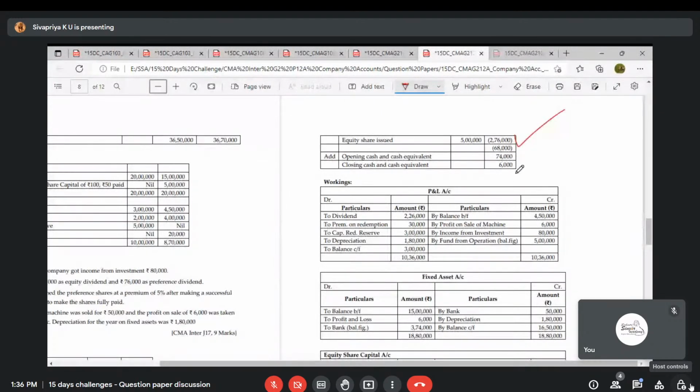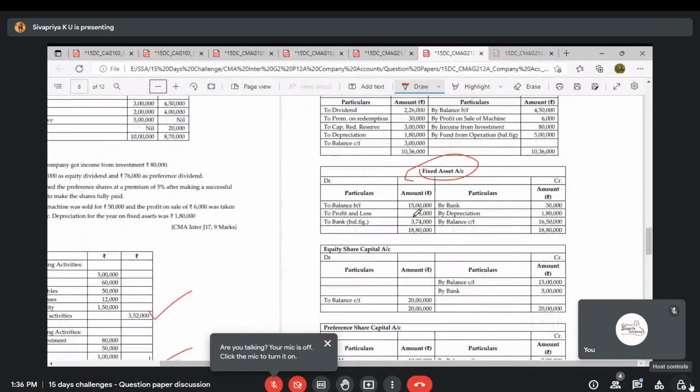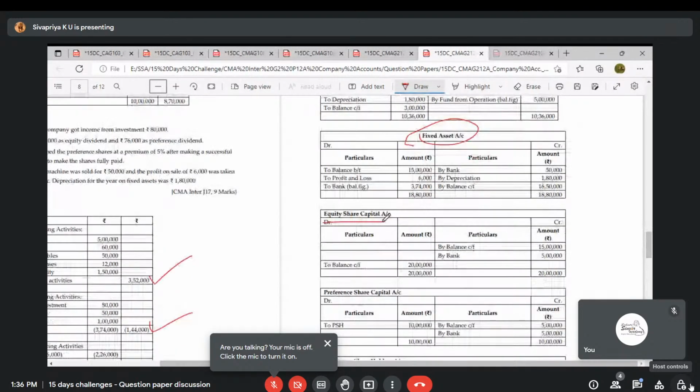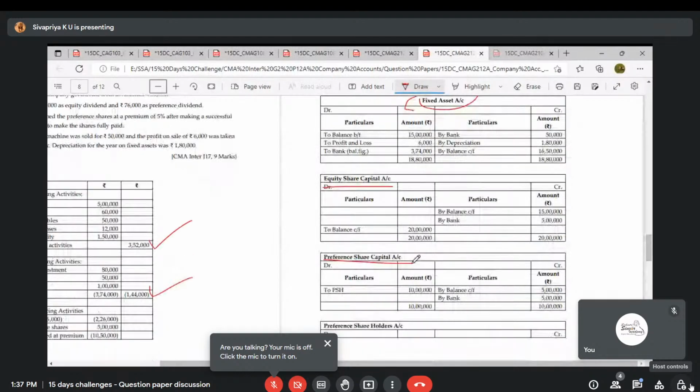Closing cash balance 6,000. So this is the answer and a kind of working notes. First, fixed asset account, equity share capital, preference shareholders account, general reserve, capital redemption reserve, securities premium, premium on redemption.